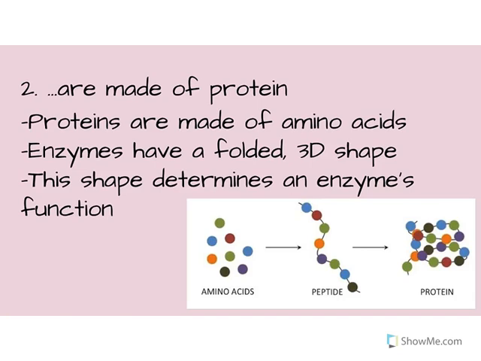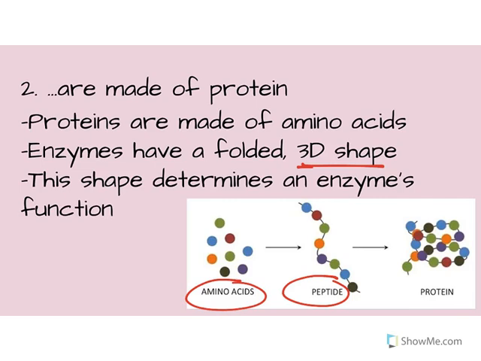So here's a review. Proteins are made up of amino acids. Amino acids will link together. They form peptide bonds with each other, and this peptide strand will fold onto itself and create some kind of specific three-dimensional structure. And that three-dimensional structure is actually very important and dictates how well the enzyme can do its job.